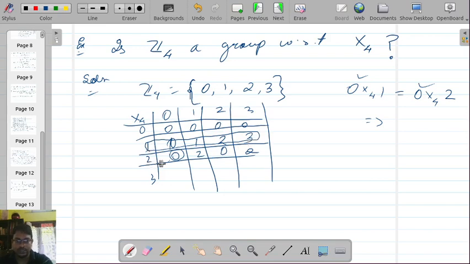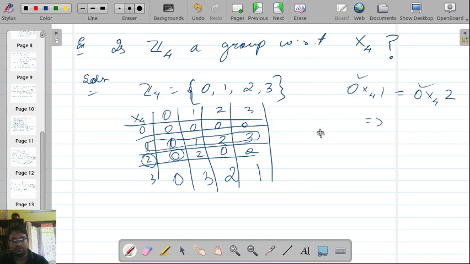But for existence of inverse, the product of two numbers should be equal to 1, and here this is not equal to 1, right? So here there are several problems. 3 into 0 is 0, 3 into 1 is 3, 3 into 2 is 6, again it's 2, 3 into 3 is 9, again it's 1.